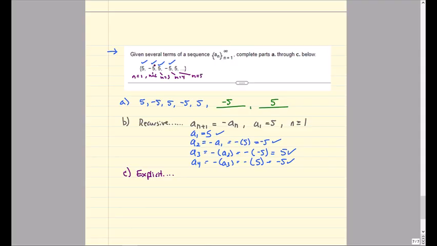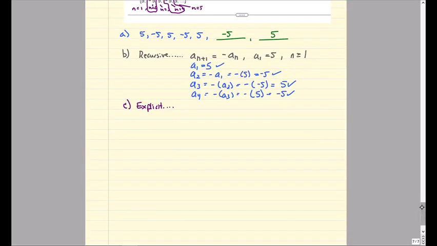So it looks like to me the evens are negative this time. That's a little bit different, because the last problem we worked was the odds that were negative, and that's easy because anything raised to an odd power will end up being negative if the base is negative. So this one's going to be a little different.